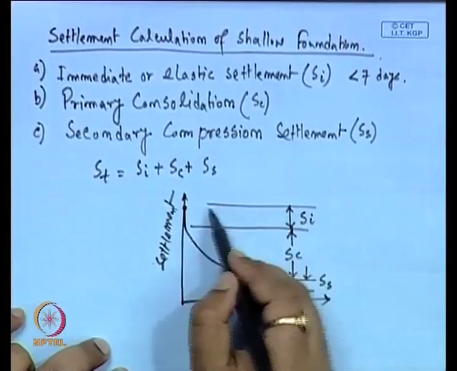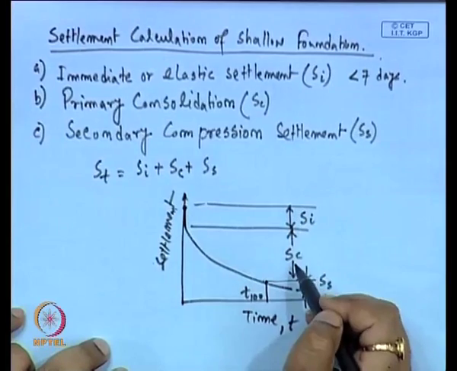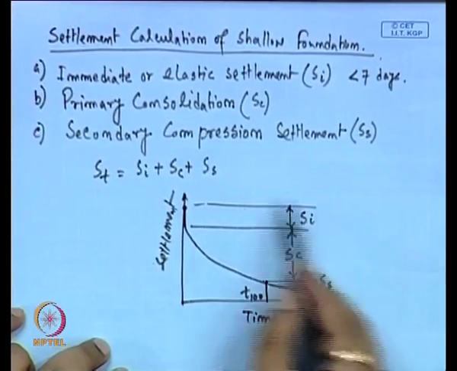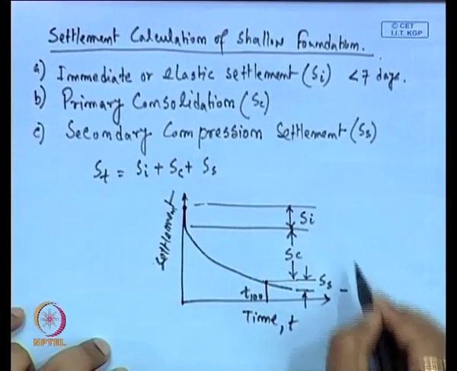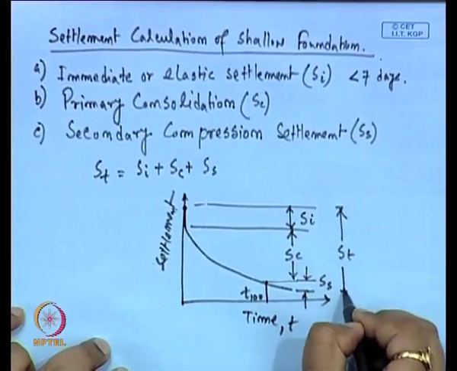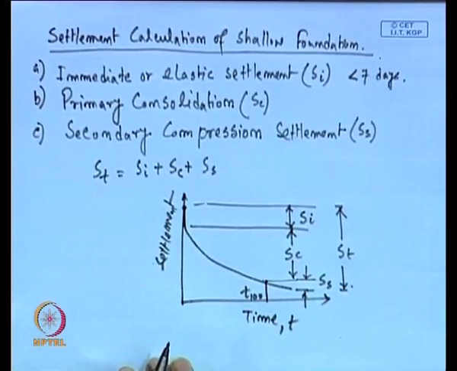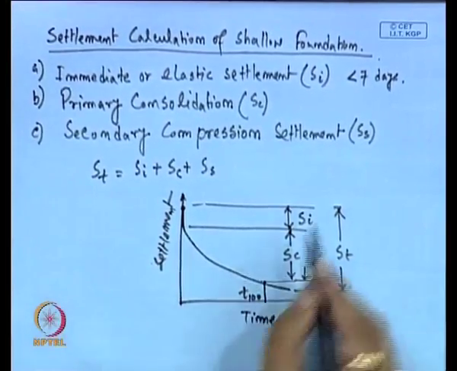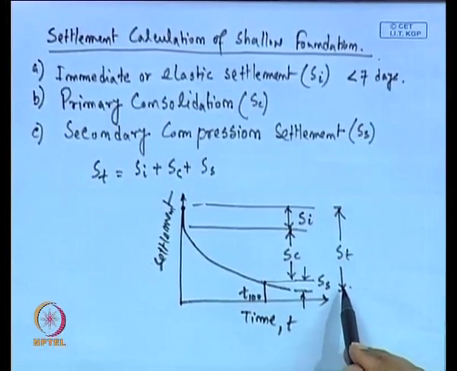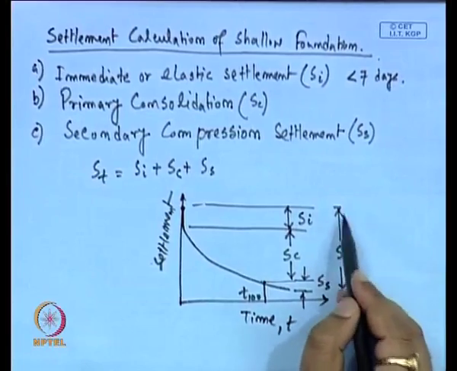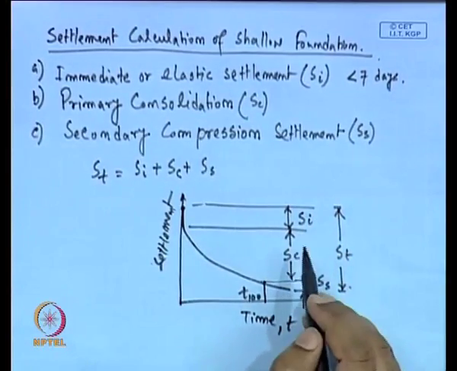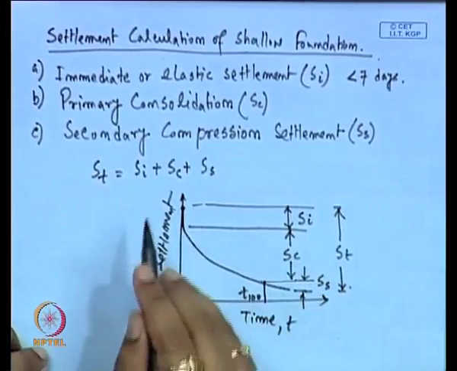So there are three parts: immediate settlement, primary consolidation settlement, and secondary compression settlement. This gives the total amount of settlement, or ST. Now we have to calculate these three settlements, or the total settlement.